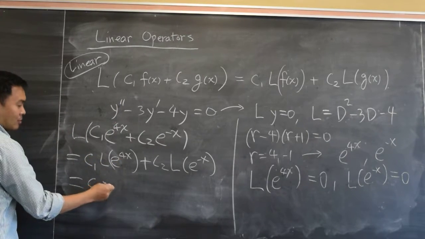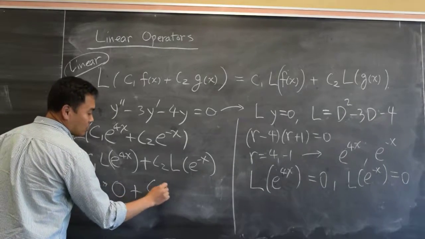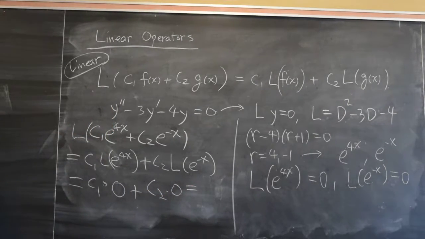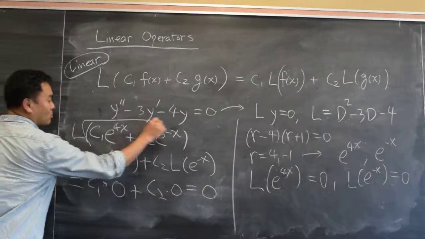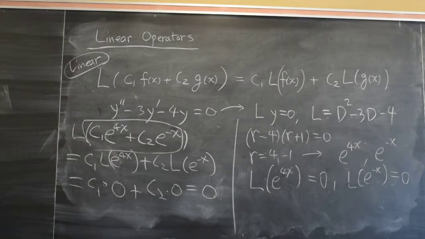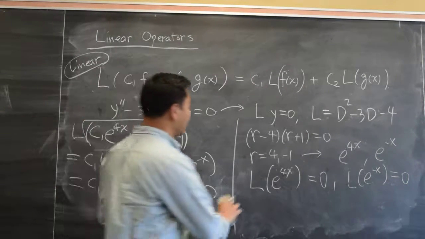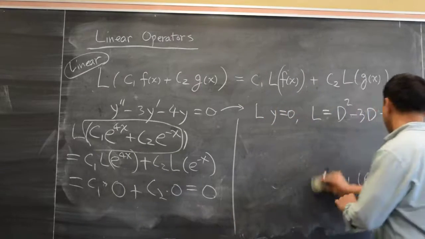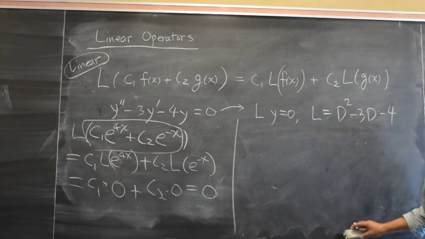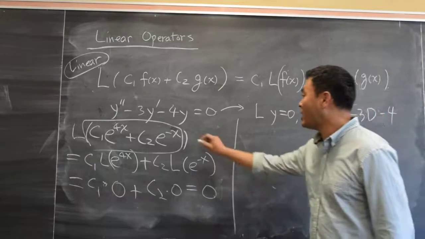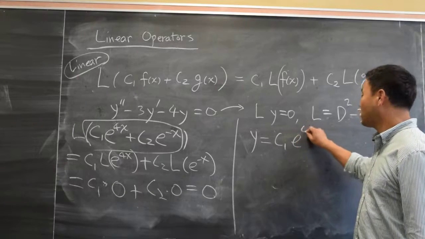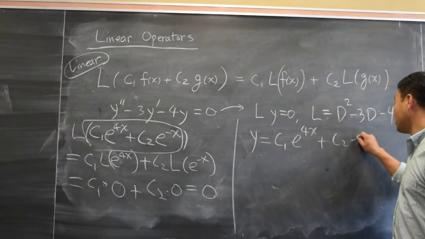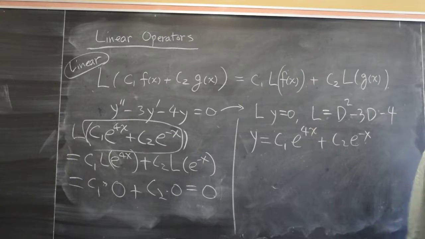C1 times 0, C2 times 0. So at the end of the day, what do you get? 0, meaning that this is the general solution. So that's the amazing story that we have. Once you know that what you're dealing with is a linear operator, then we can say y equals C1 times e to the 4x plus C2 times e to the negative x is a general solution.